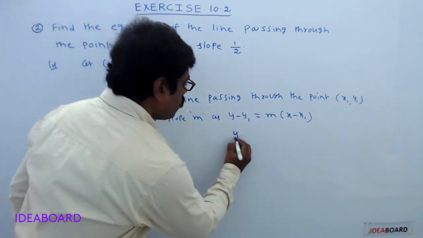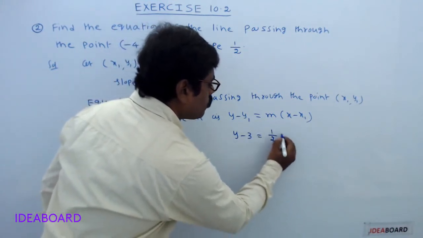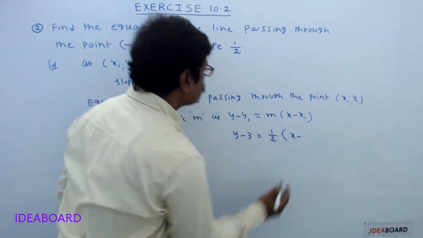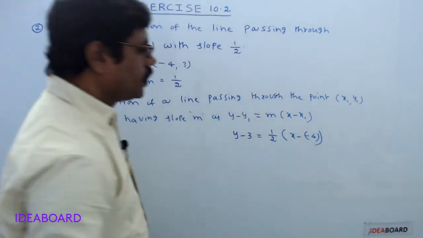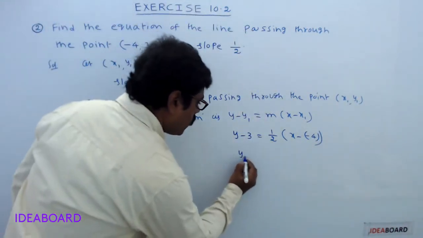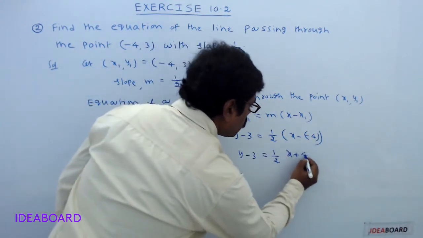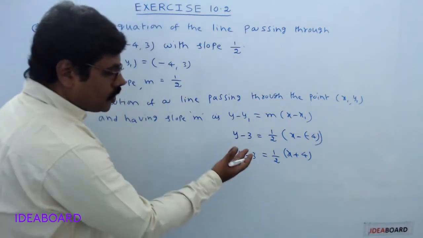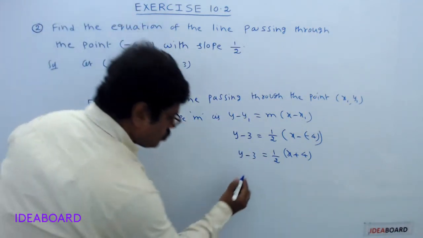Y minus y1, y minus 3 equals to m value is 1 by 2 into x minus x1. So x minus of minus 4. It is y minus 3 equals to half into x plus 4. Now multiply this equation on both sides with a constant 2.